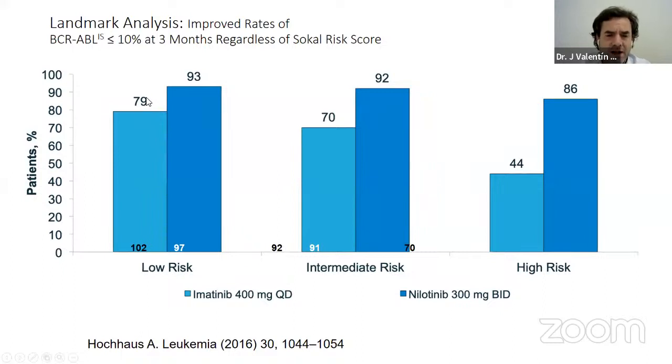However, if we take a look at those patients classified in the intermediate risk, the probability of optimal responses remains quite high, around 90% for those patients treated with nilotinib, but diminishes to 70%.